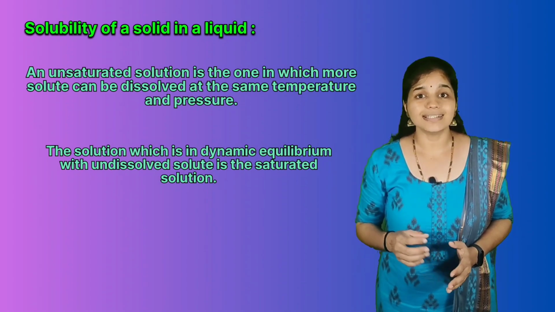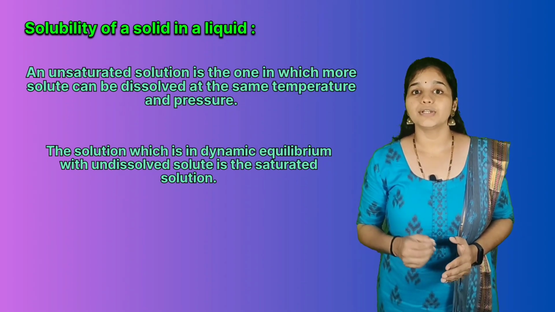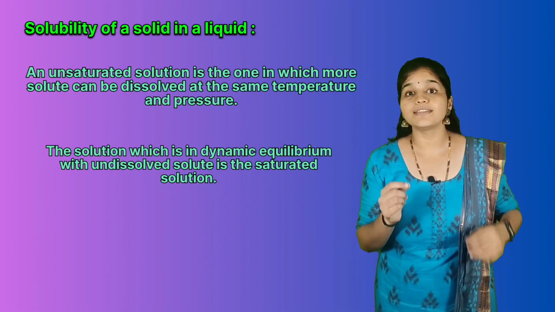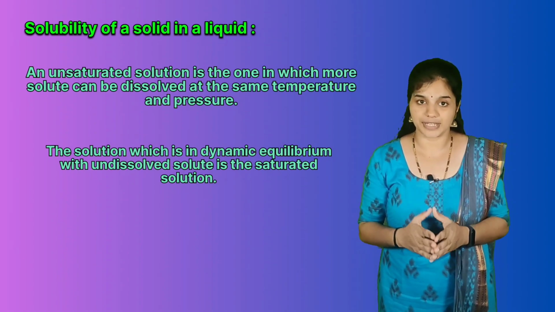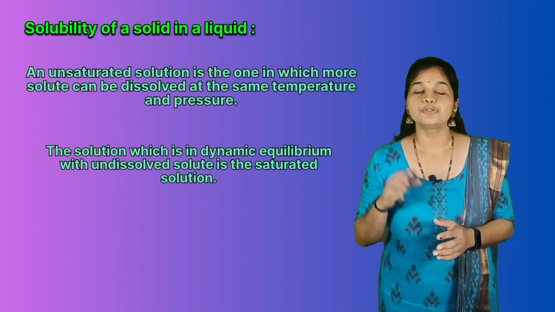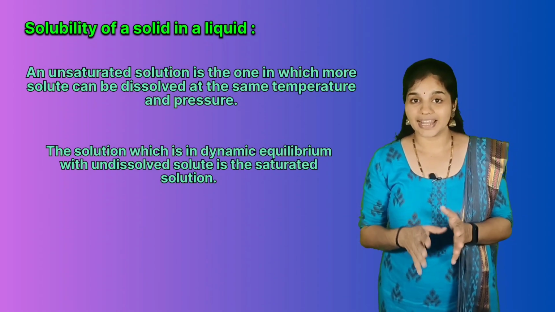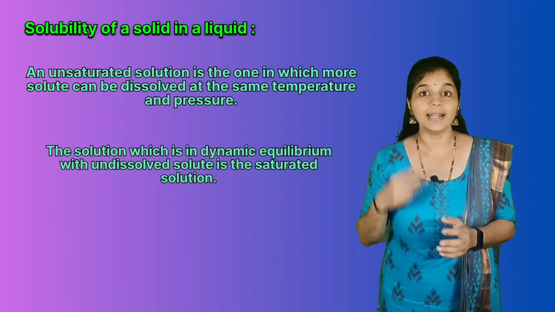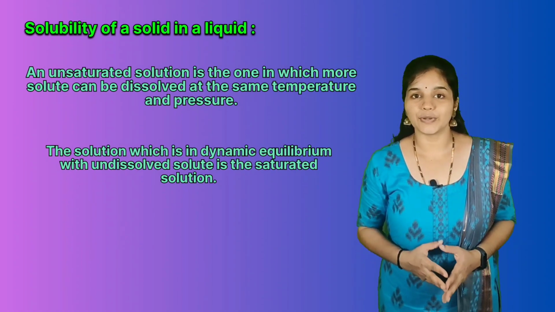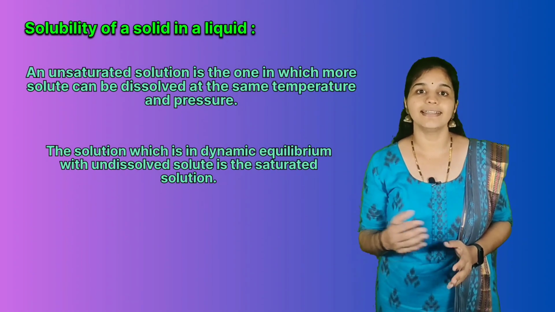We have already studied that solubility of one substance in another depends on the nature of the substance. In addition to these variables, two other parameters, that is temperature and pressure, also control the solubility of one substance in another.